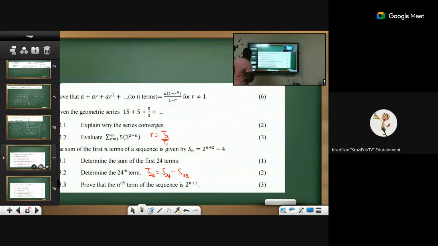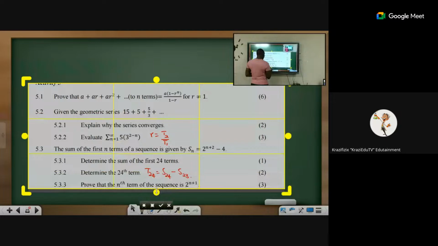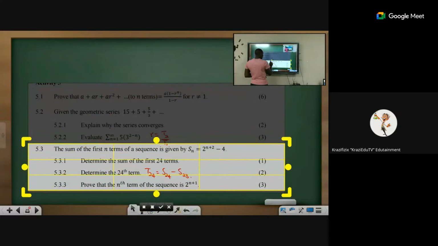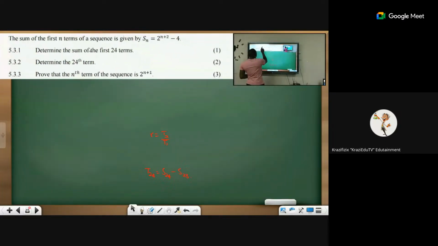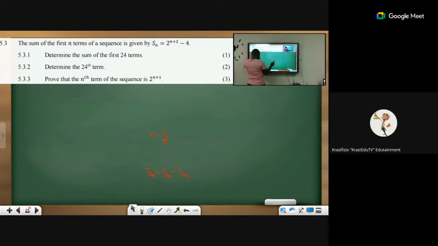All right, 5.3. Let's see what to do with 5.3. The sum of the first n terms of a sequence is given by Sn equals 2 to the power n plus 2 minus 4.